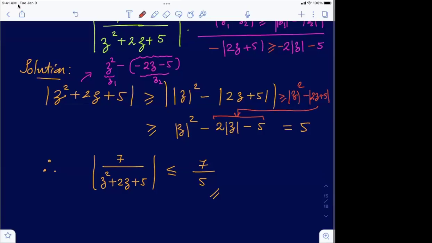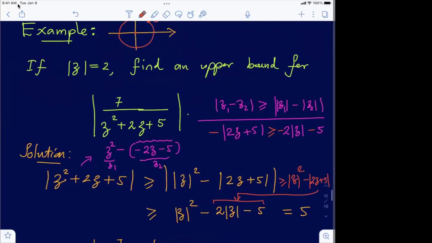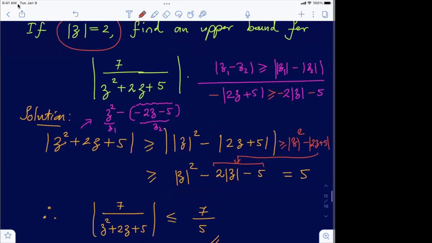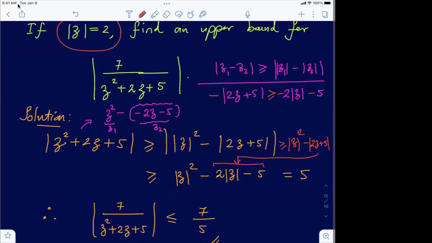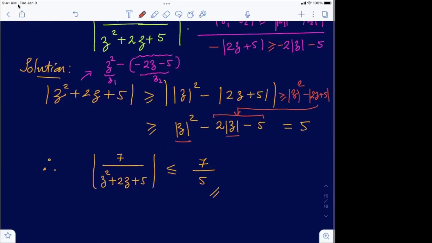And then once we reach that step, now look at this. We reach the level of z. And with that, we can use the assumption directly. The complex number z is assumed to be on the boundary of that circle with radius 2. So that gives us the value for these two, and now I can include them.